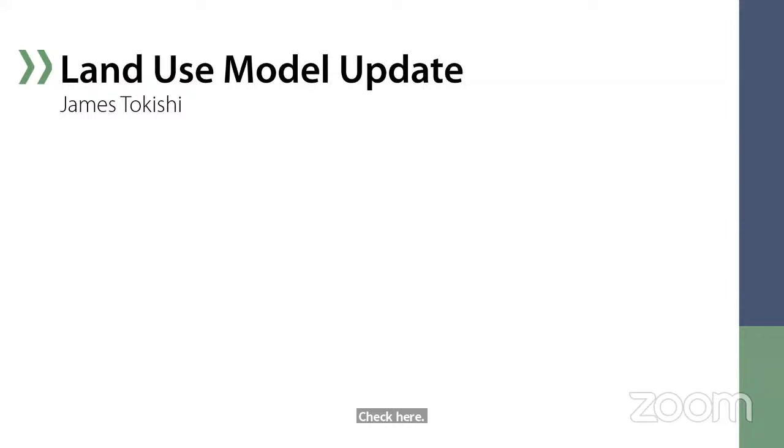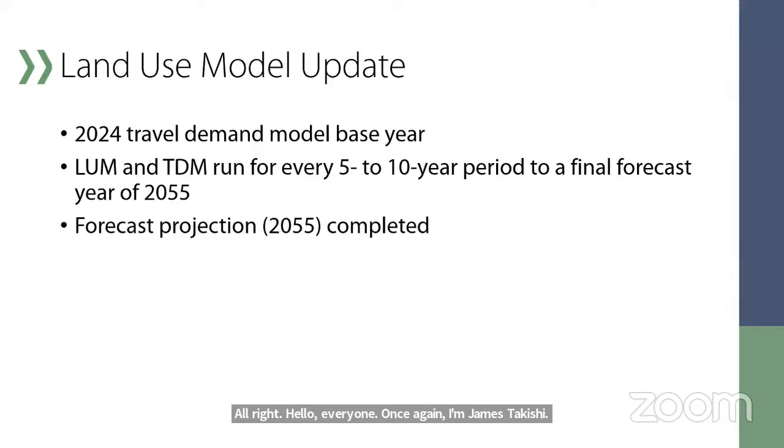Once again, I'm James Takeshi, Transportation Data Science Manager here at PEG. I'm going to give a quick run through of the land use model and a look at some of our preliminary outputs.